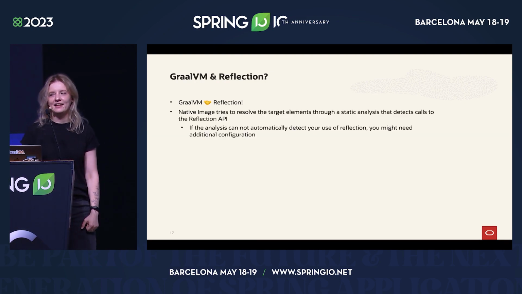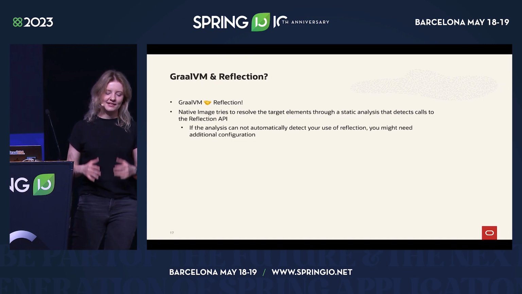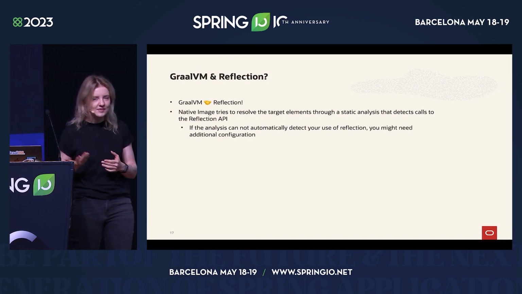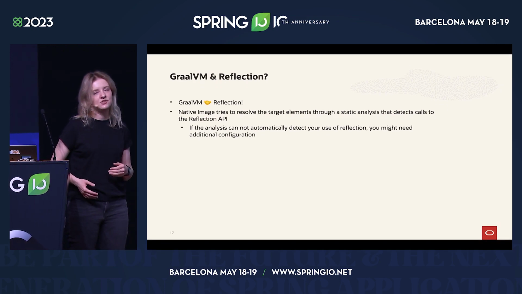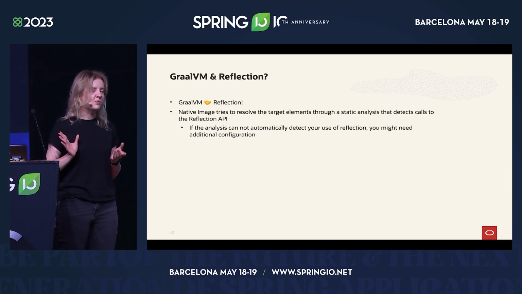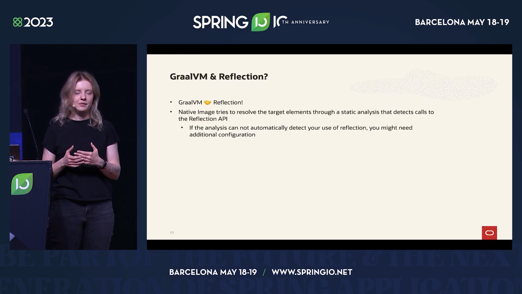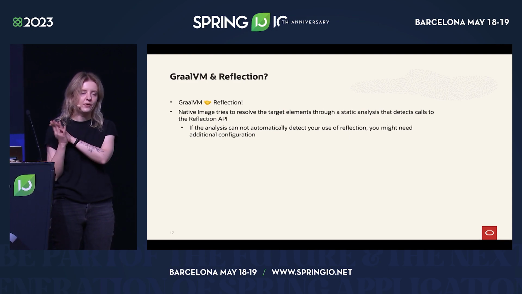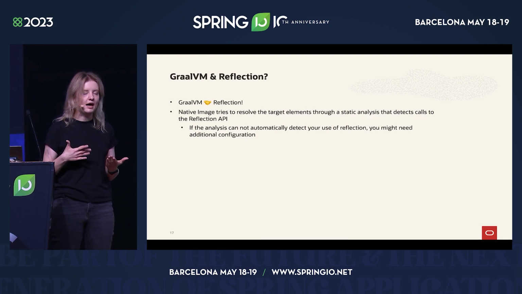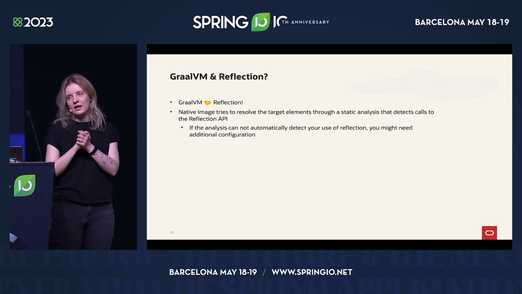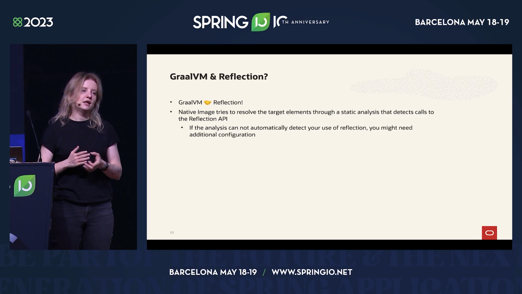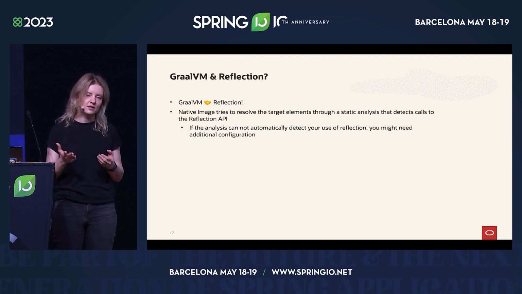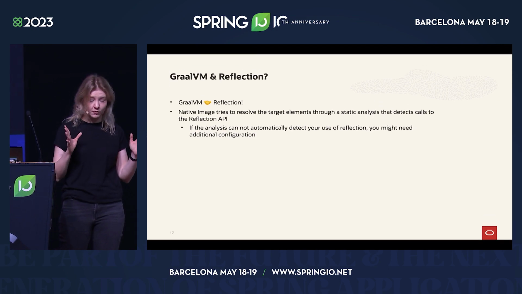One thing, again, I said this a few times today, is that native image compiles the application ahead of time under a closed world assumption. So those dynamic Java features pose a certain challenge, because before your application runs, there is no way of knowing what will be happening at runtime, at least by default out of the box. So to make those dynamic features and reflection specifically work in native image, there are some things to know.